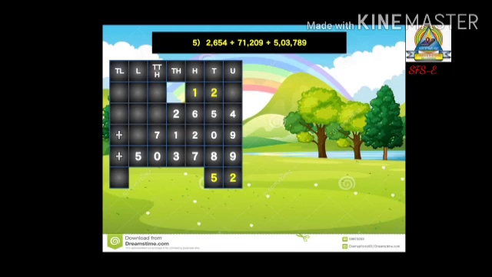You add and you try to answer. 16 and carry over 1. Then 1 plus 2, 3. 3 plus 1, 4. 4 plus 3, 7. 7 plus 0, 7. And then 5 will be as it is. So your answer is 5,77,652. This is how you are going to solve the sums.